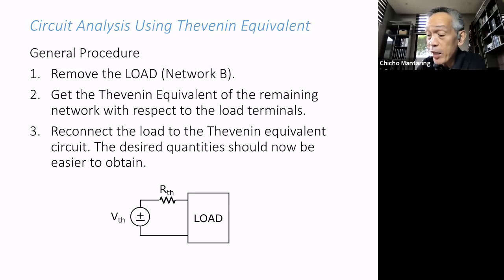After you've gotten the Thevenin equivalent, ibalik natin yung load, reconnect the load. And now it should be easy to obtain whatever quantity we desire within the load. Our presumption is there's a quantity within the load that we want to determine. Dapat madali na i-compute yun.